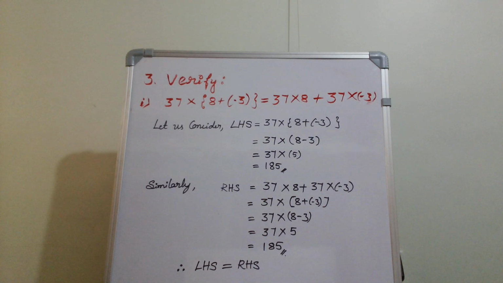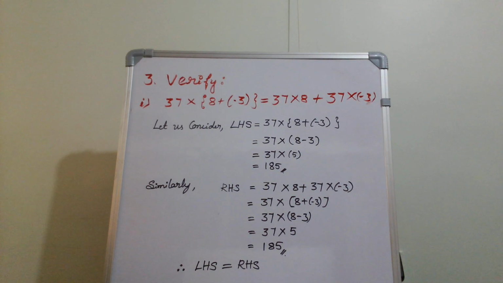Thirdly, verify 37 into 8 plus of minus 3, which is equal to 37 into 8 plus 37 into minus 3. What we have to do is, we have to check whether the LHS is equal to RHS or not.